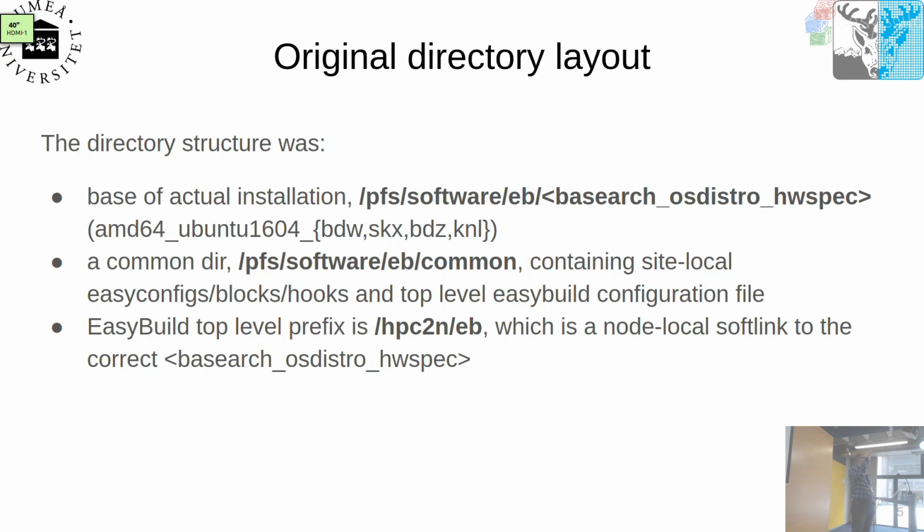And we have a top-level prefix, which basically symlinks into the correct architecture for each machine, which means that regardless of when you load your modules and you submit your job, the paths will be correct.